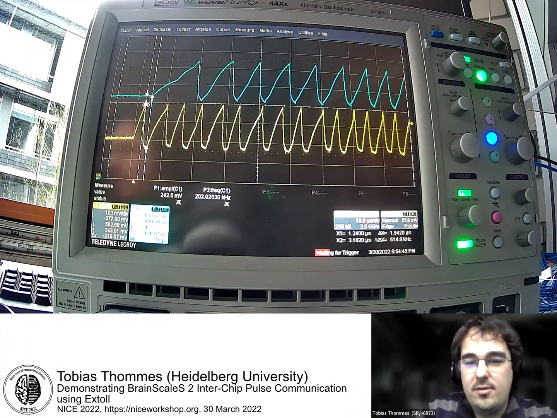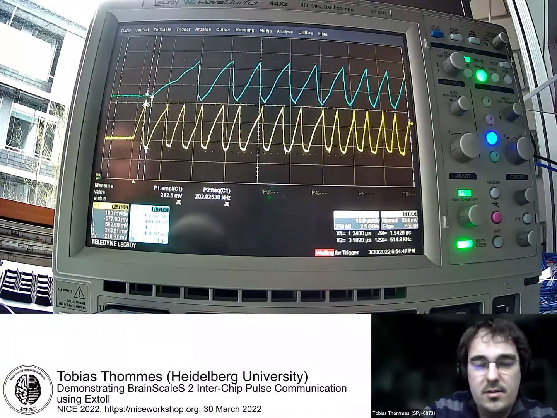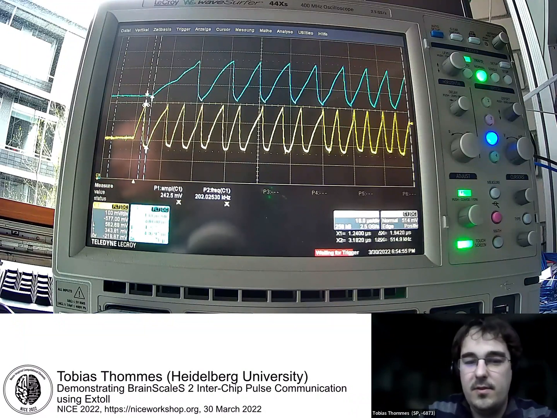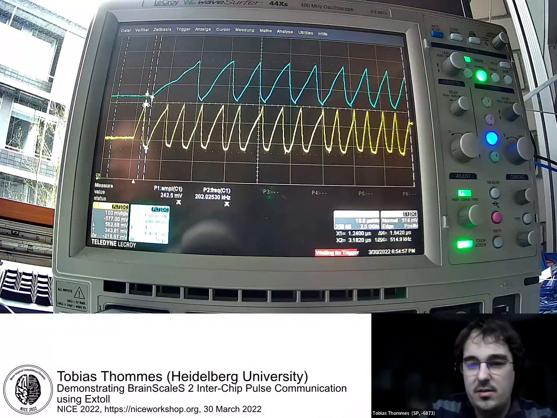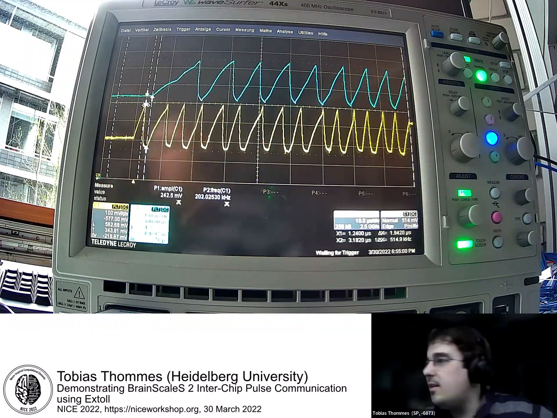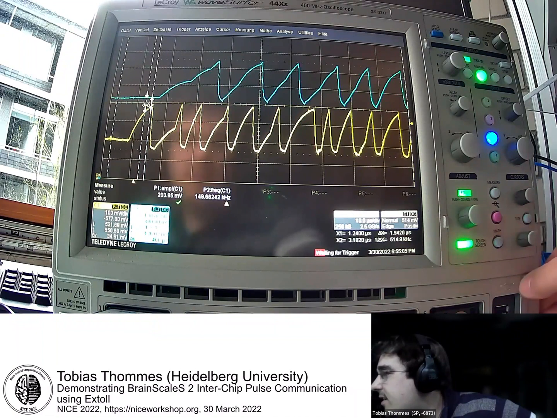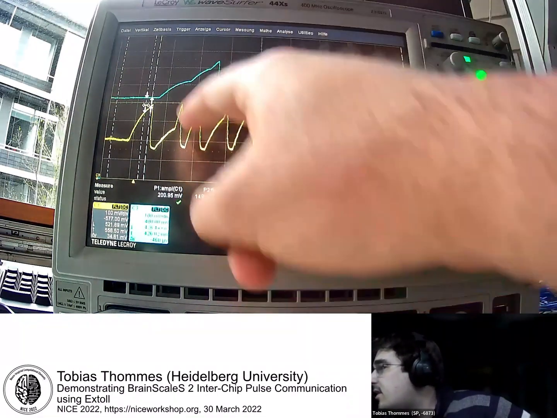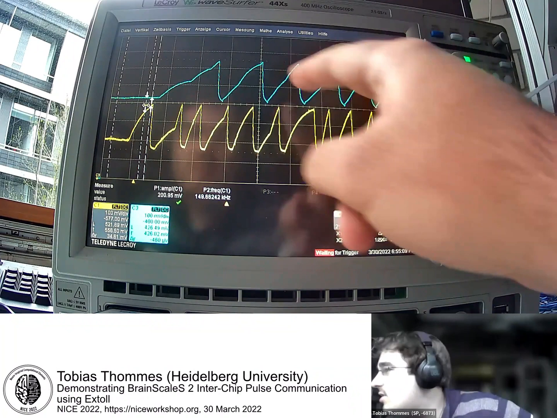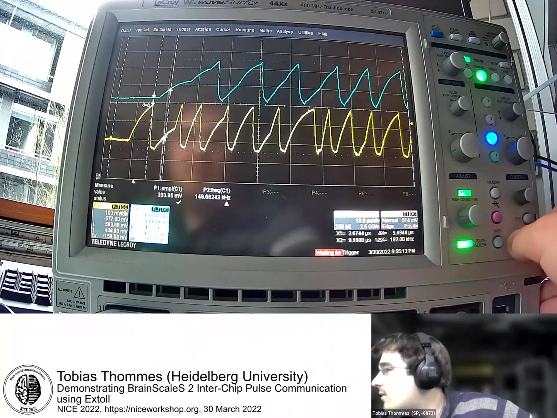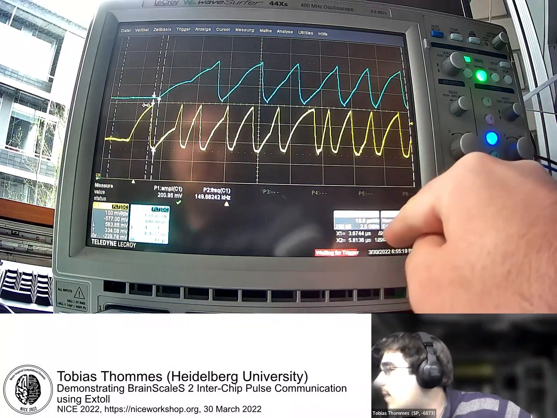So then we can play around with the source neuron and, for example, increase the interspike interval of the stimulus population, and then it looks a bit more untidy here. We see we have clearly fewer spikes at the destination, but the latency, of course, stays in the same range. We have again 1.9 microseconds here.